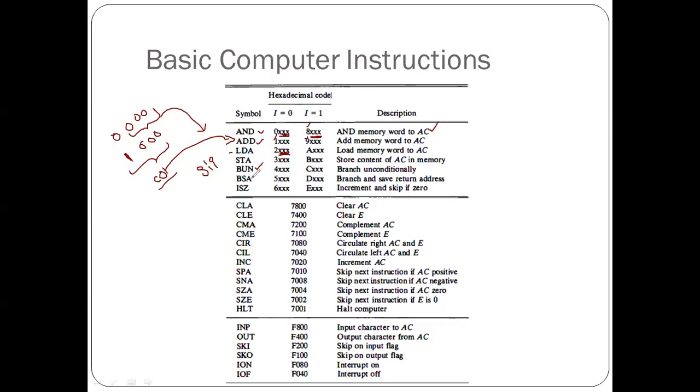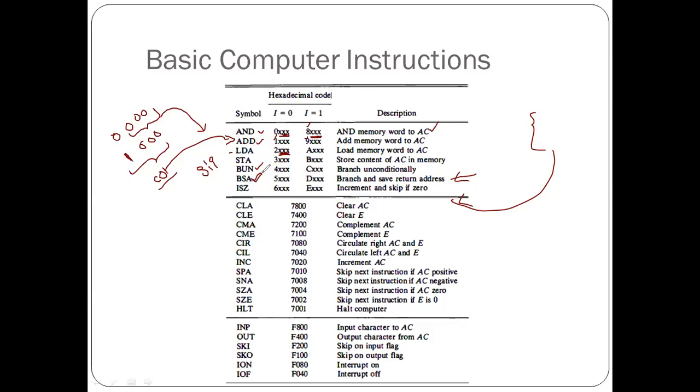But branch and save return address is used for calling functions. Sometimes if you have a repeated set of instructions that need to be executed, we implement them in the form of functions, right? So after executing that set of instructions, the control has to come back to the specified location. So the return address has to be saved somewhere. For that, BSA is used, branch and save return address.